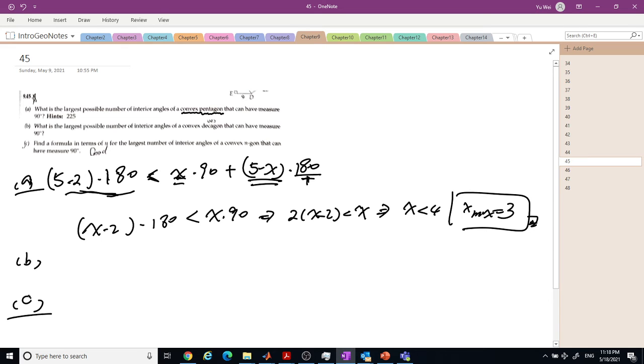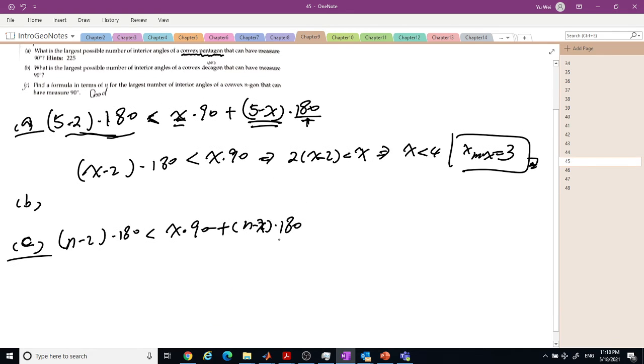Let me see the C. Okay, if we expand into the n-gon, right? So we have (n minus 2) times 180 is less than, we see the maximum number of 90-degree angles can be x, so x times 90 plus (n minus x) times 180, right?